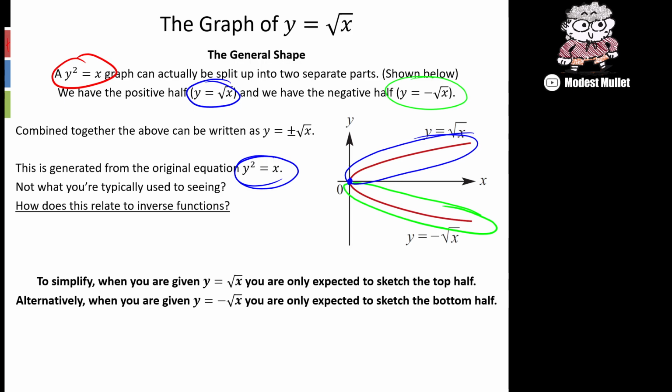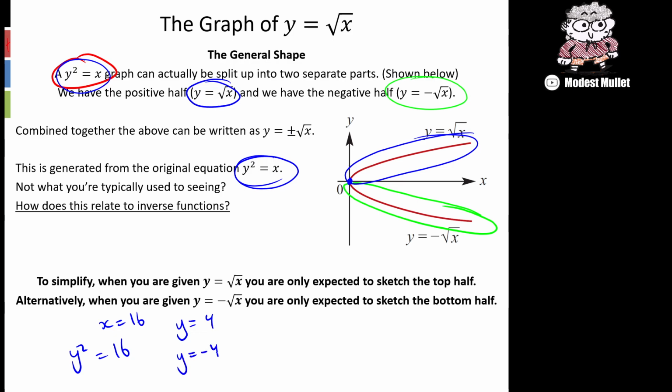Now, as a reminder, it's really interesting notation-wise that we know from this y squared equals x that has a positive and a negative solution. So for example, if x was 16, so we have y squared equals 16, we know that technically y can be positive 4, since 4 times 4 is 16, but also y could be negative 4.